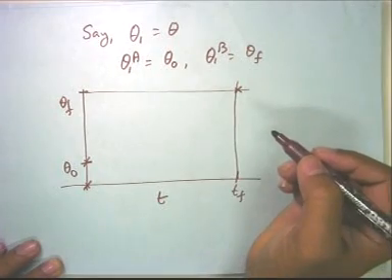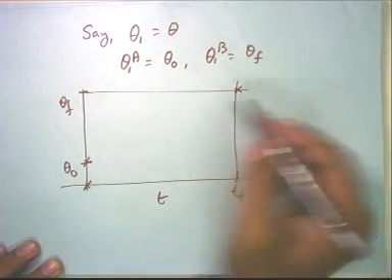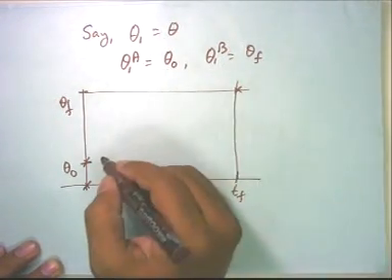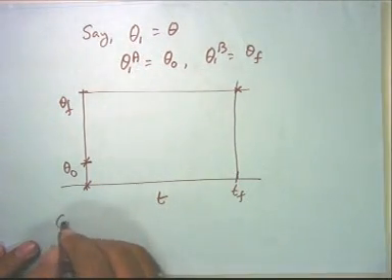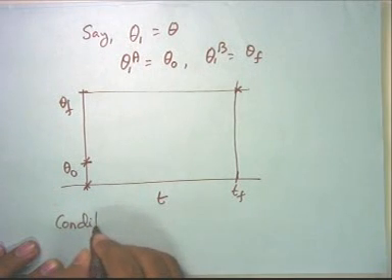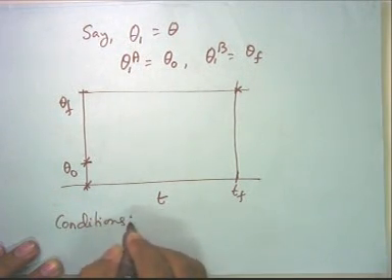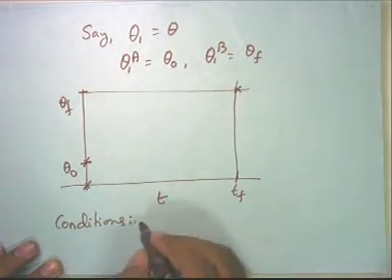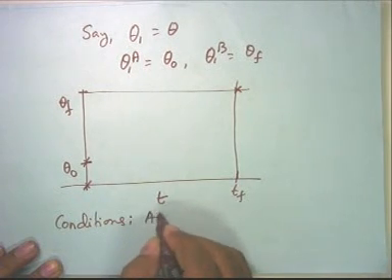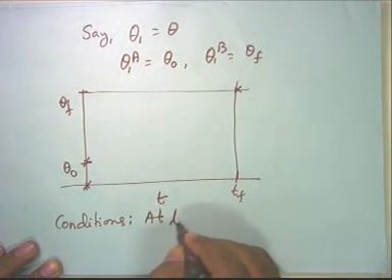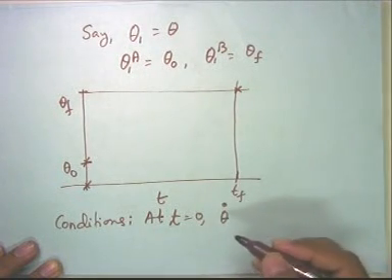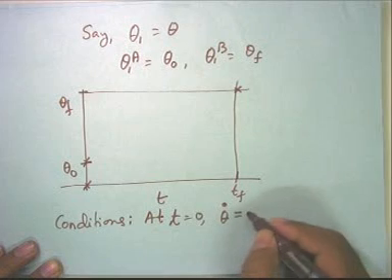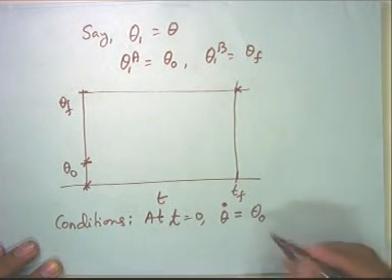Now, for that I can use any curve I like, but sometimes there are conditions you may put. Suppose you say at t equal to 0, theta dot, meaning the velocity, should be some value you specify.